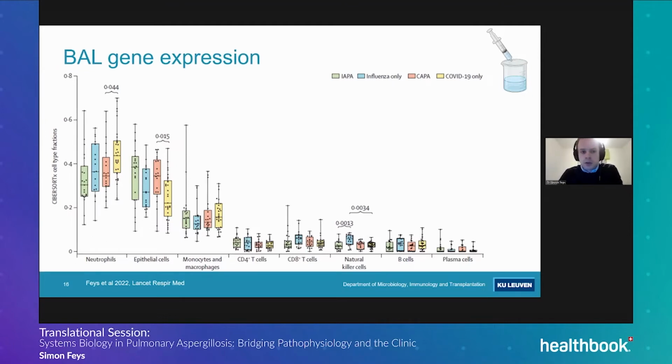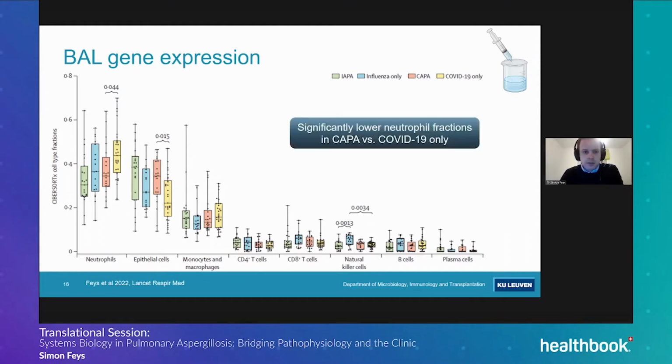And strikingly, neutrophils had significantly lower fractions in the CAPA patients compared to the COVID-19 only patients, and we saw the same trend in the IAPA versus influenza-only patients. This is interesting given the important role neutrophils fulfill in antifungal immunity, especially against hyphae.